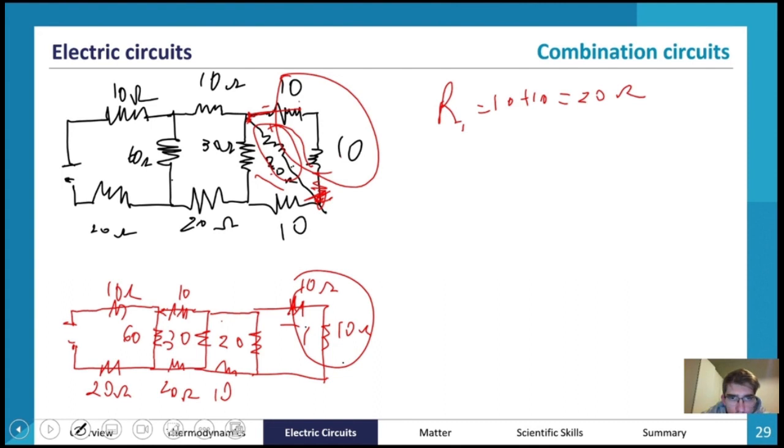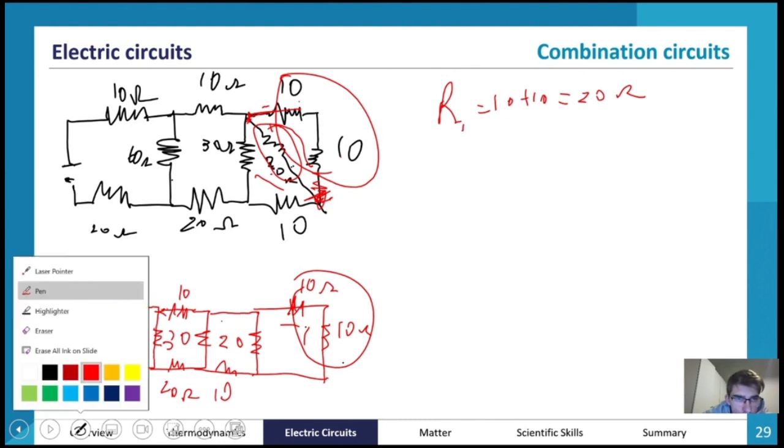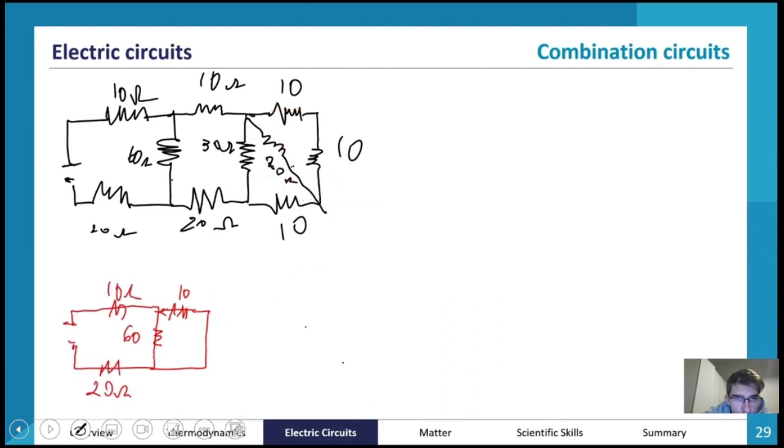Now the 20, if I were to redraw everything, that would be again 20 here, 30, just so you guys can get the right idea. And this is 10 ohms.